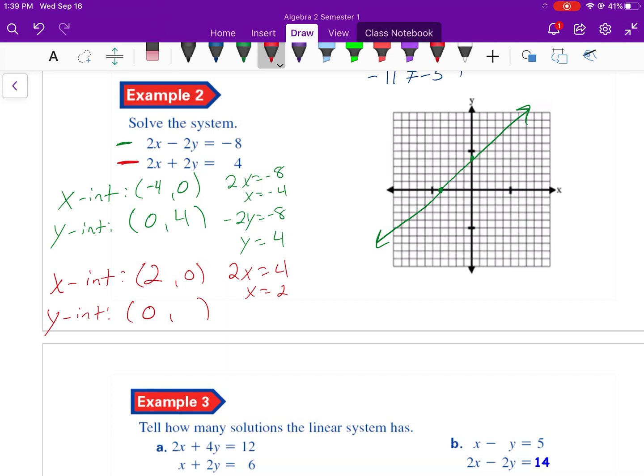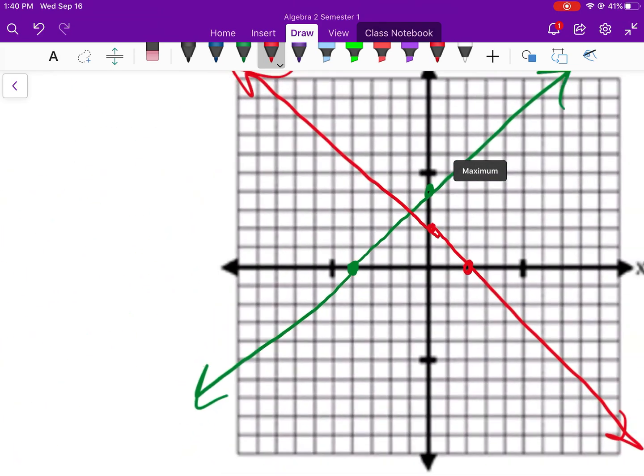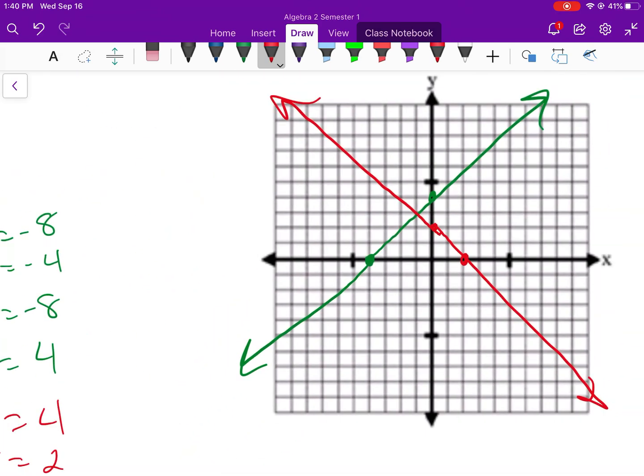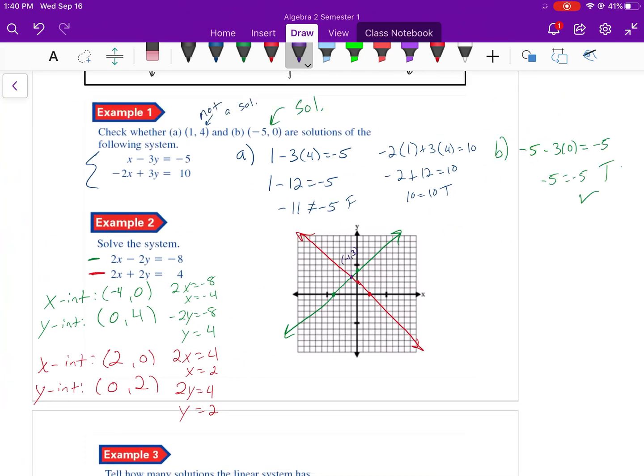And for the y-intercept, 2y equals 4, or y is equal to 2. So we get (2, 0) and (0, 2), and there we have our 2 points for our line. What we're looking for is that intersecting point, which we get right here, which is (-1, 3). So that is our solution.